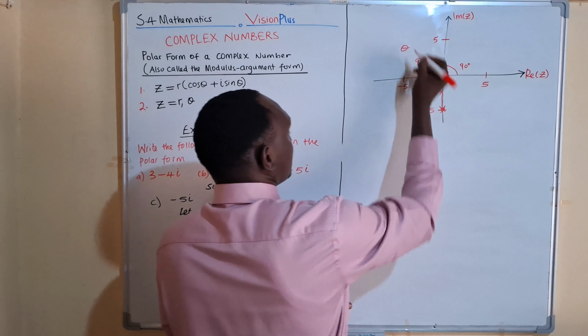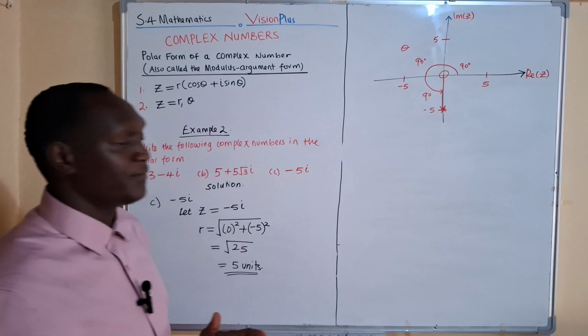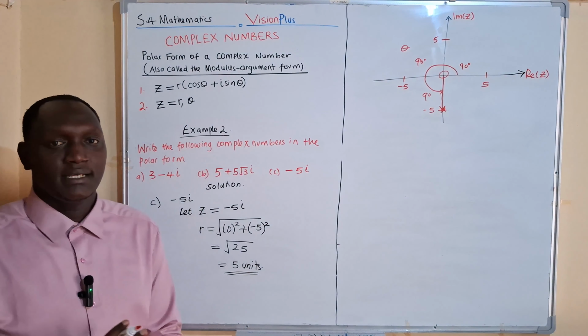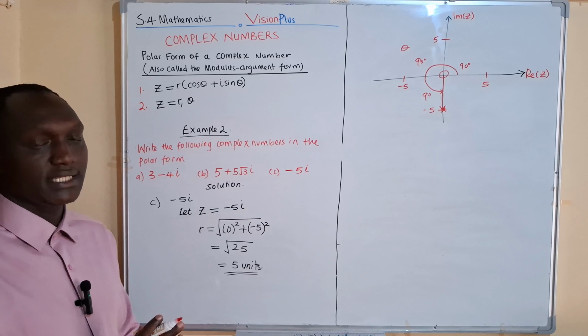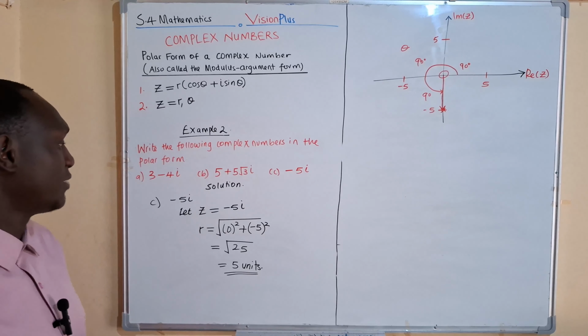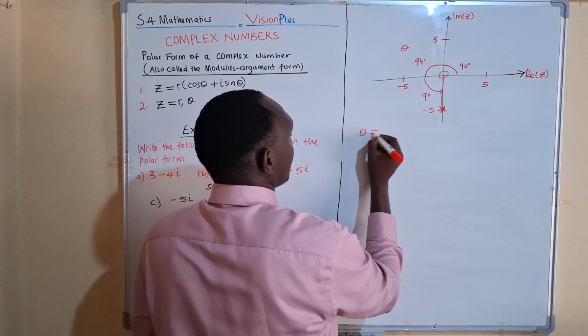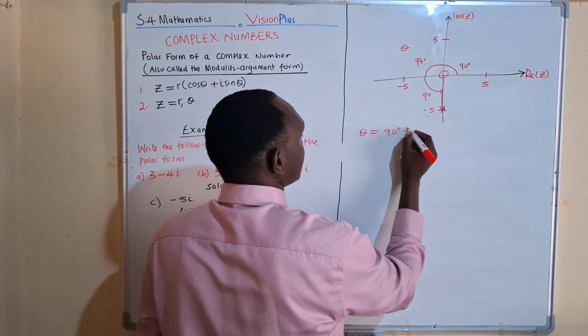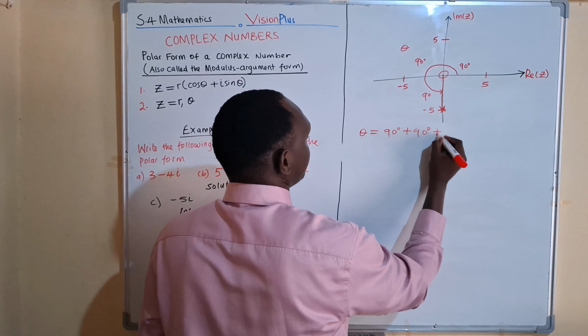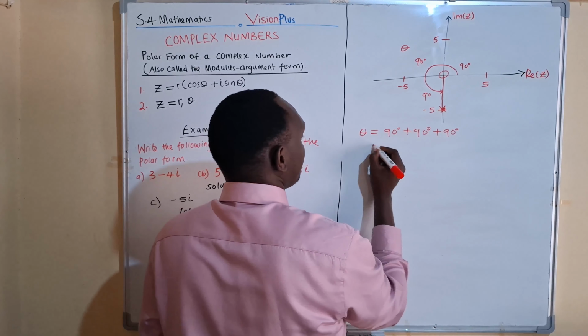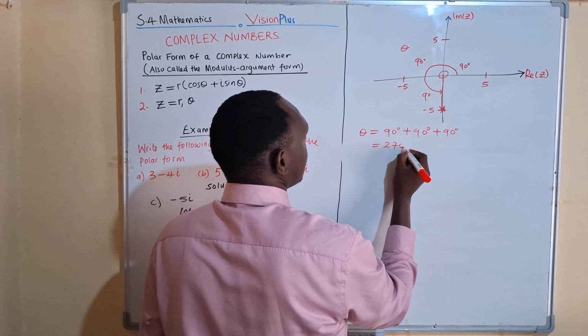They form together the argument. So here we are not forming any triangle because these are standard angles. So what can we do? We just need to add. Now the argument becomes 90 plus 90 plus 90. This gives us here 270 degrees.